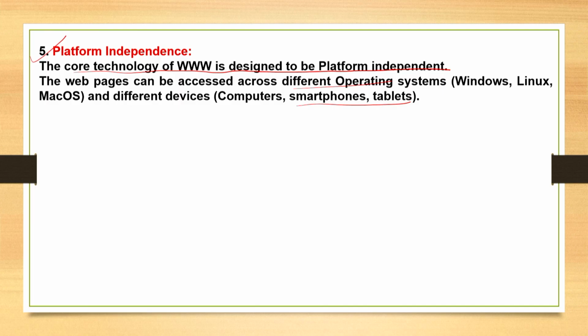It may be Unix, Linux, Windows or a Mac operating system, and it can be accessed on different devices also: desktops, personal computers, laptops, smartphones. So in that way it is platform independent.